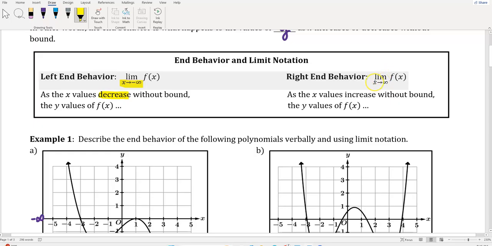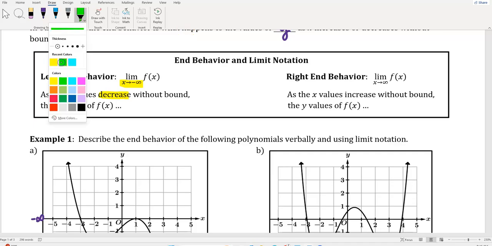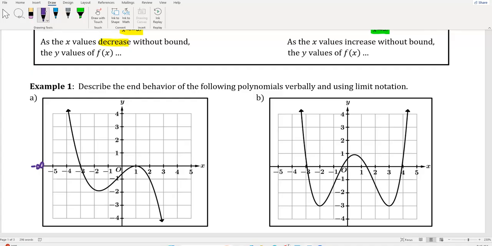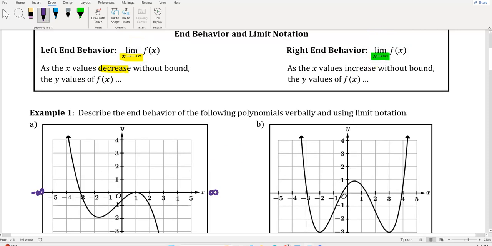We've got positive infinity right here. X is approaching positive infinity. So that means right side of the graph, because x goes to positive infinity over here on the right side of the x-axis, right? And then instead of saying that x values decrease without bound, we would say x values increase without bound, if we're talking about the right side of the graph.